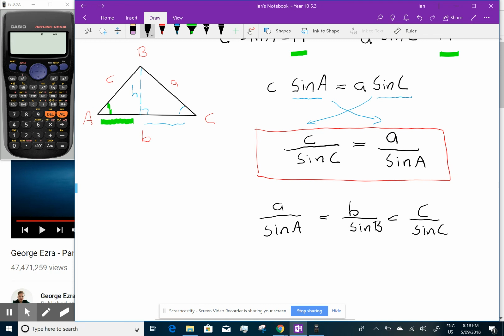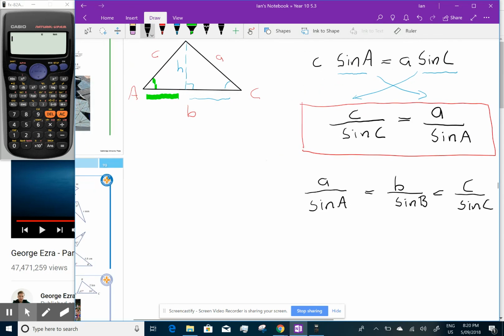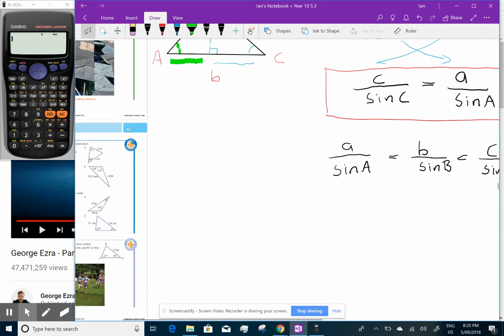You only ever use it as 2. And all you've got to know is that the side opposite an angle in ratio is equal to any other side opposite the angle in ratio using sine and any triangle.